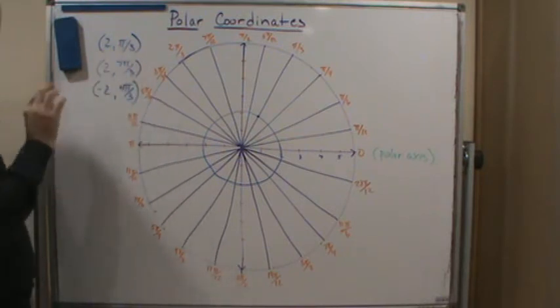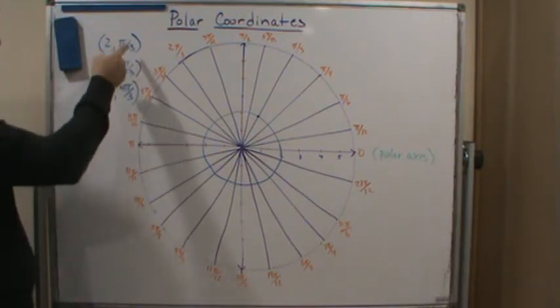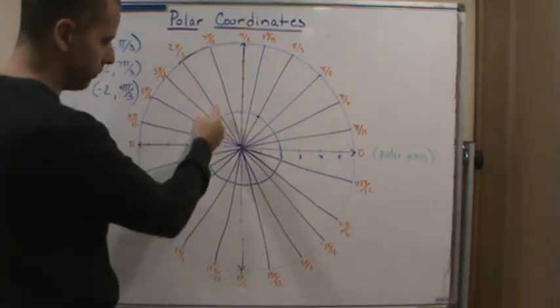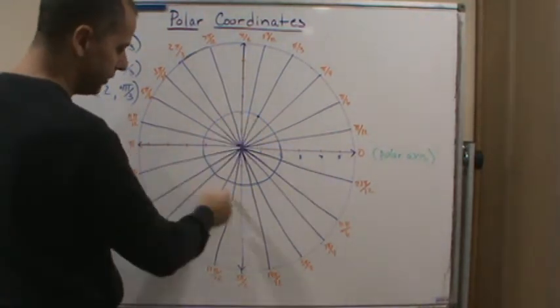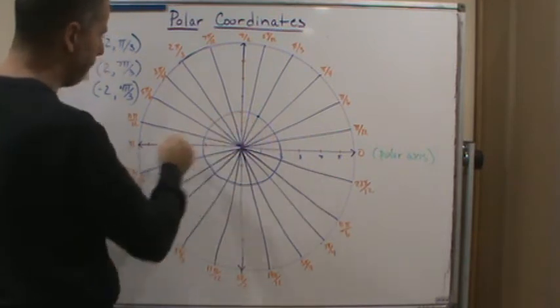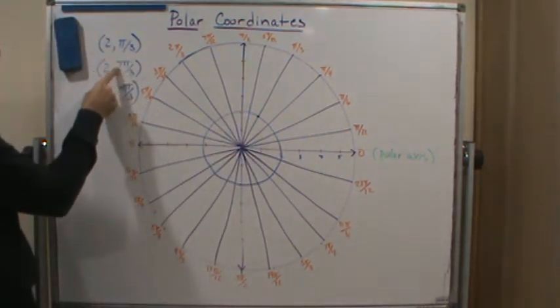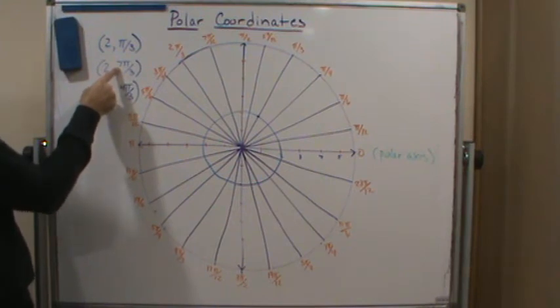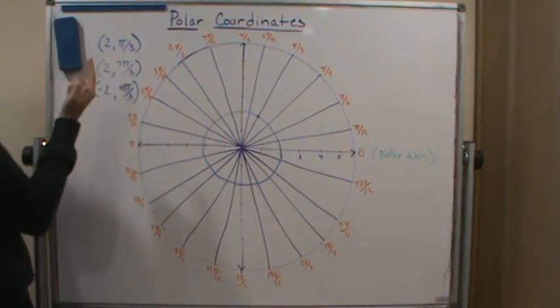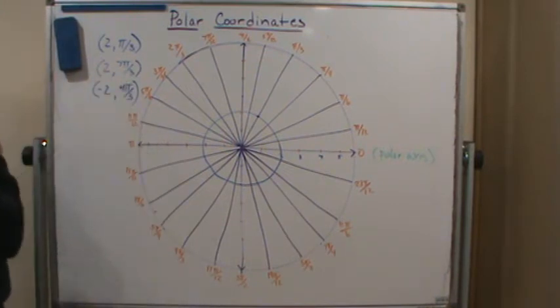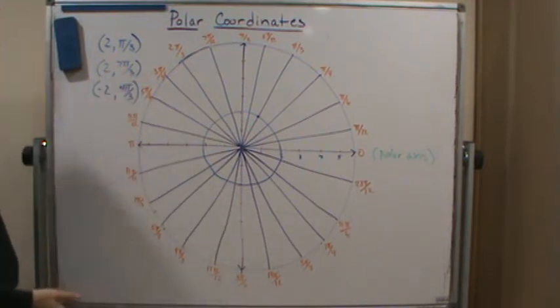In fact, any multiple of 2 pi will get me right back to the same place, because 2 pi is one revolution. Every time I add 2 pi, I go back. If I add 2 pi, I get 7 pi over 3. If I add another 2 pi, I get 13 pi over 3. If I add another 2 pi, I get 19 pi over 3.